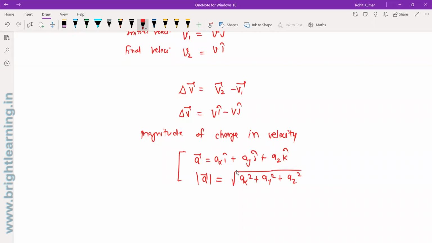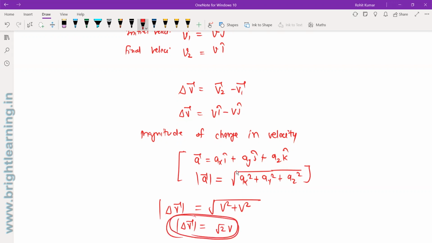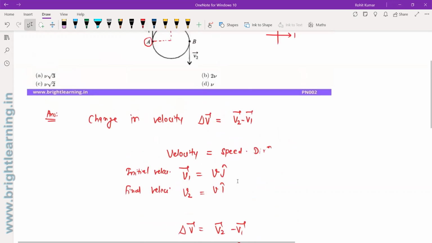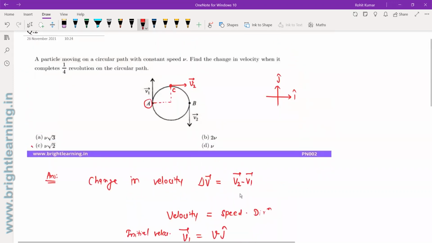So the magnitude of delta V should be equal to root over v square plus v square, and this will become root 2 v. So the magnitude of change in velocity should be equal to root 2 v, and this is our answer.